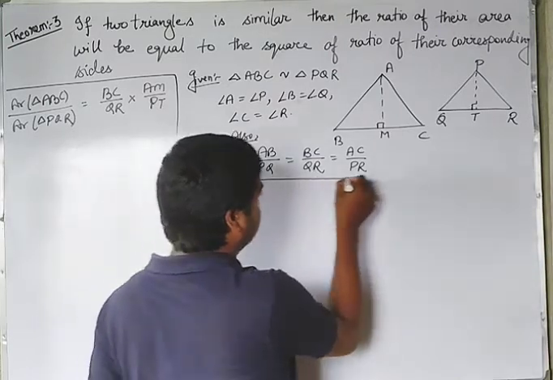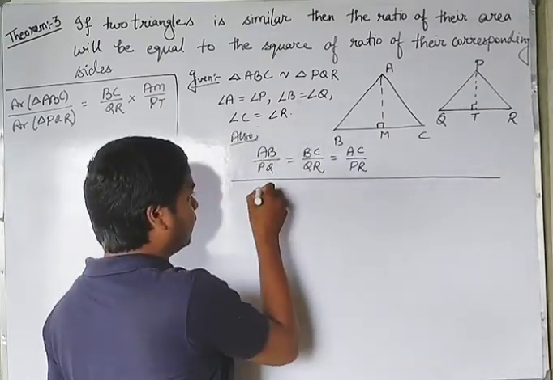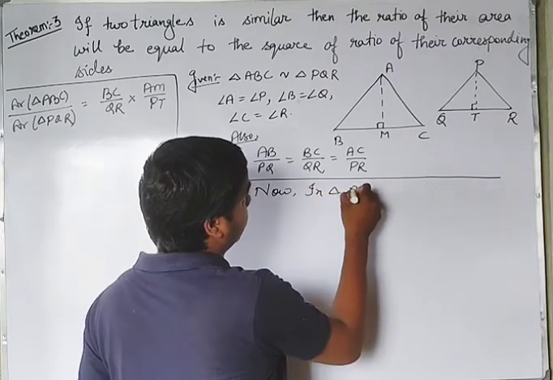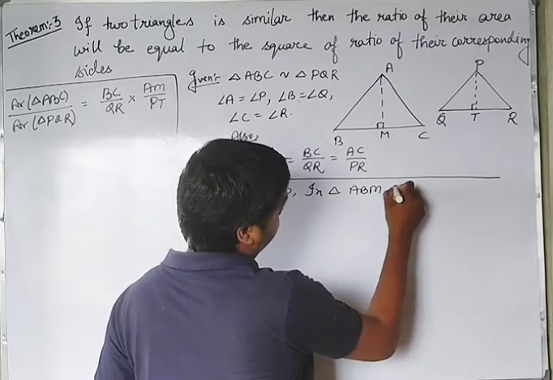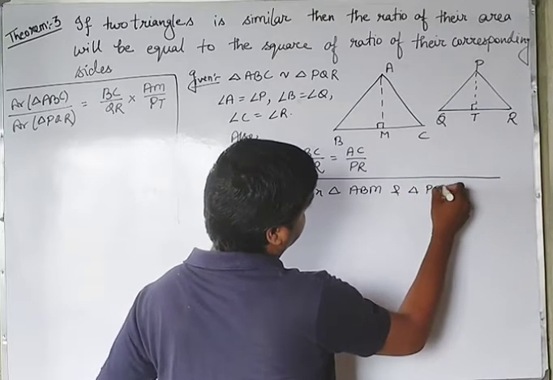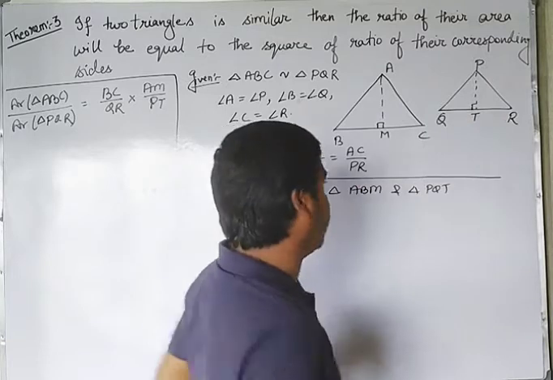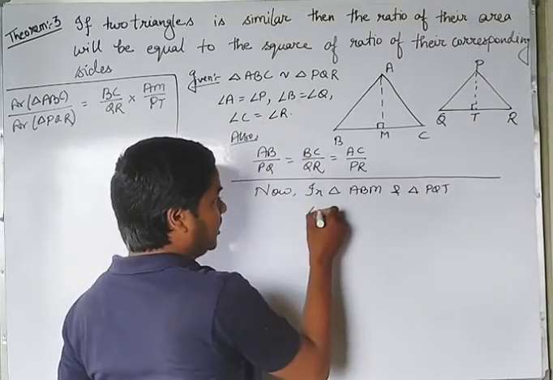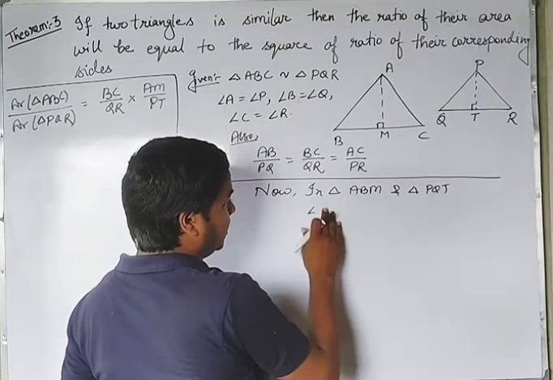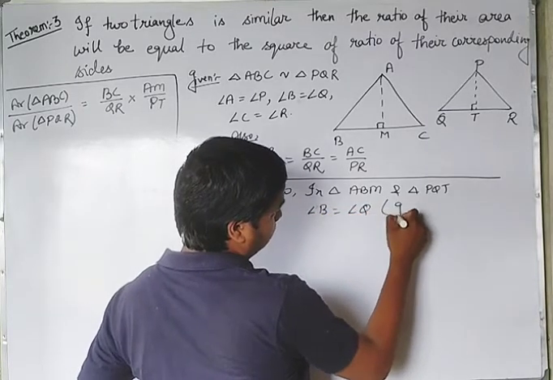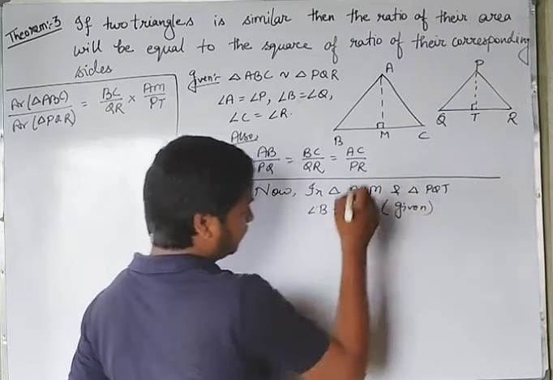Now, the next step: we will take triangle ABM and triangle PQT. According to given, angle B is equal to angle Q. It is given.